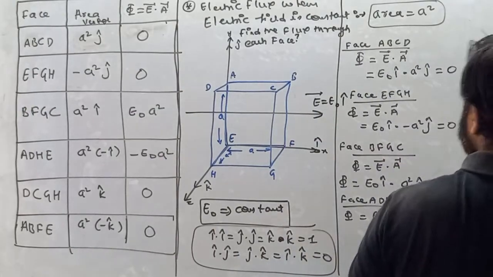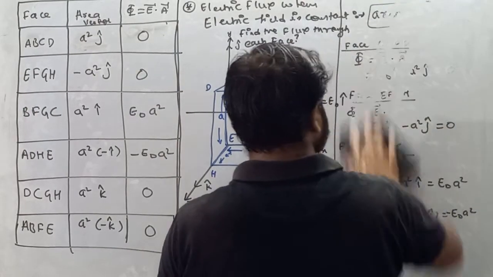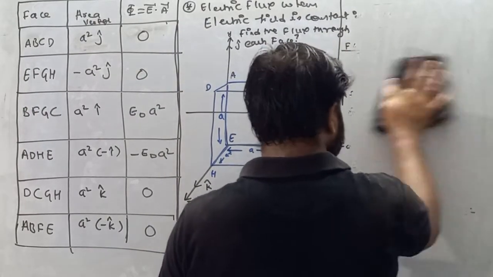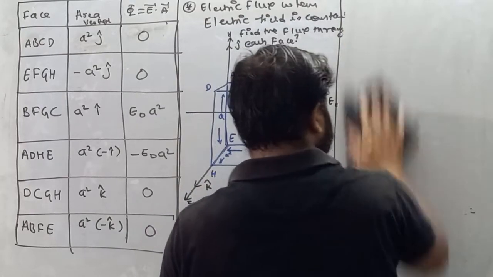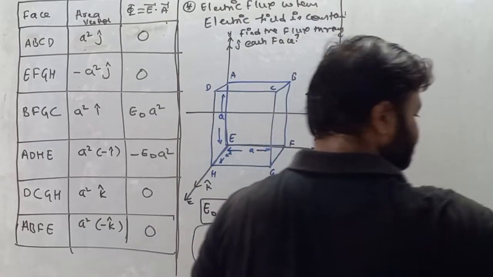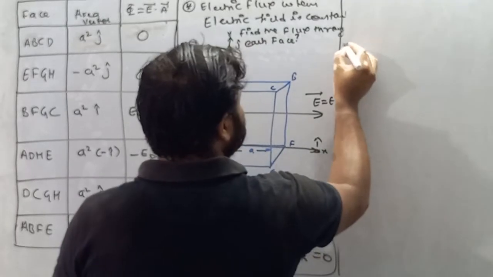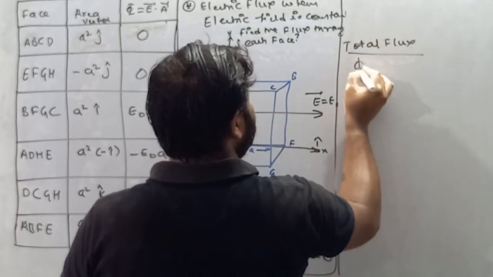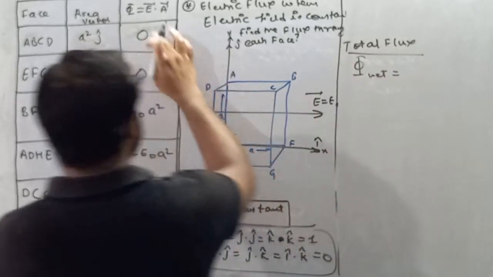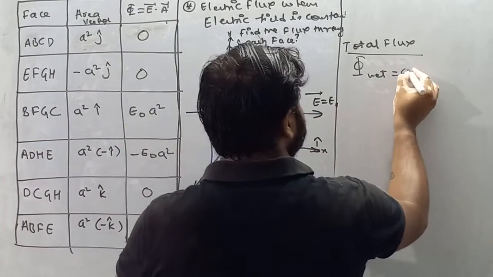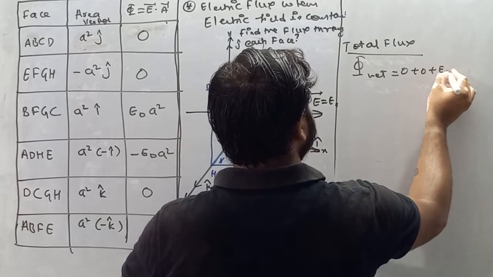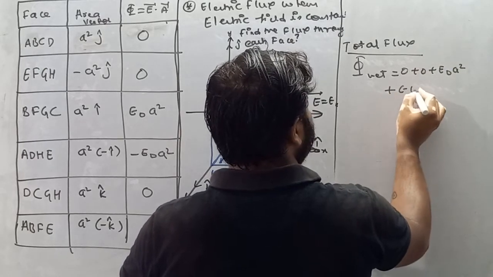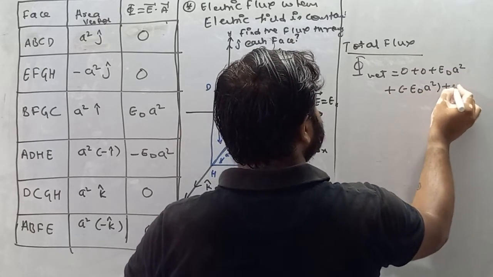Now if I find the total flux, my dear student, total flux phi net is equal to 0 plus 0 plus 0 plus 0 plus E naught A square plus minus E naught A square plus 0 plus 0.